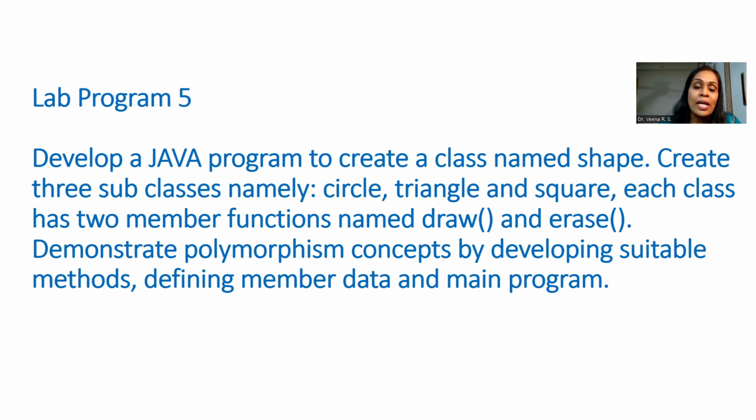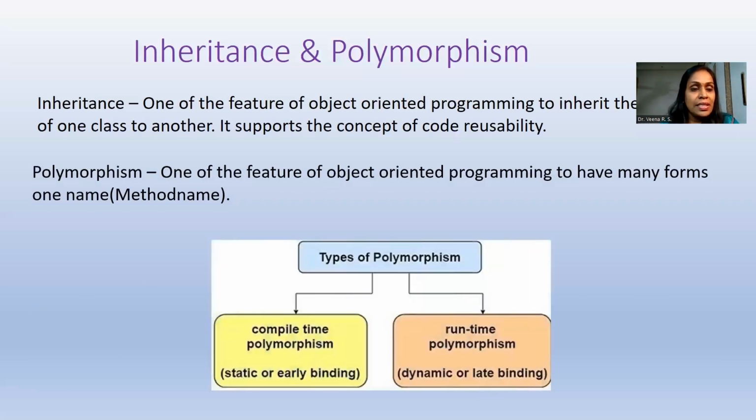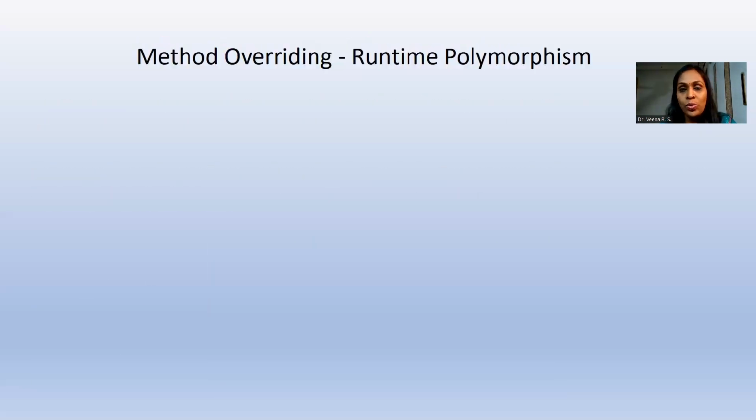That will be called runtime polymorphism or method overriding, where you will be defining draw and erase methods in all these three subclasses, and we are overriding the definition from the class called shape, that is from the superclass.